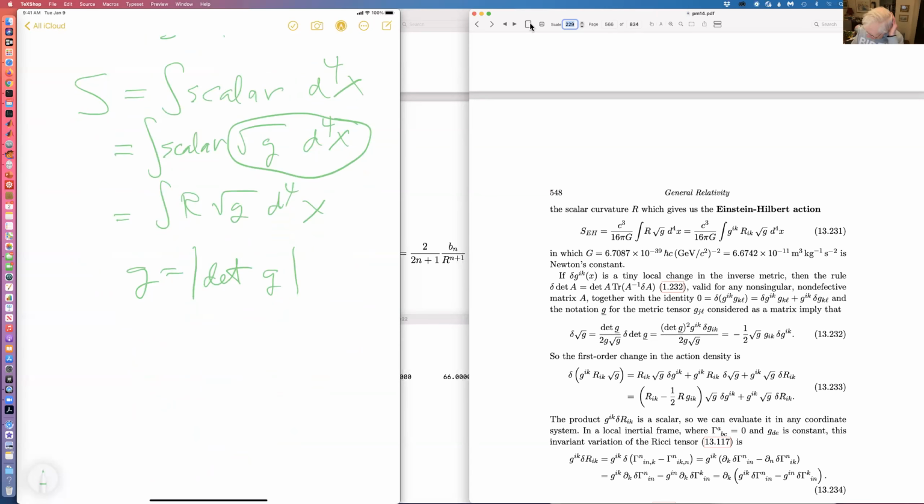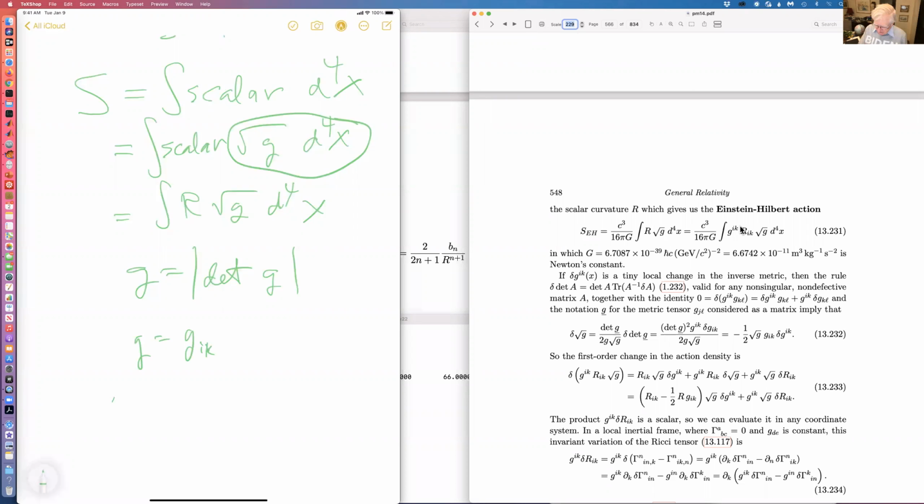Anyway, so I'm having g stand for two different things. I also use the notation g equal g_{ik}. And I don't know, there are only so many letters and there are so many symbols and concepts. Big G is Newton's constant.